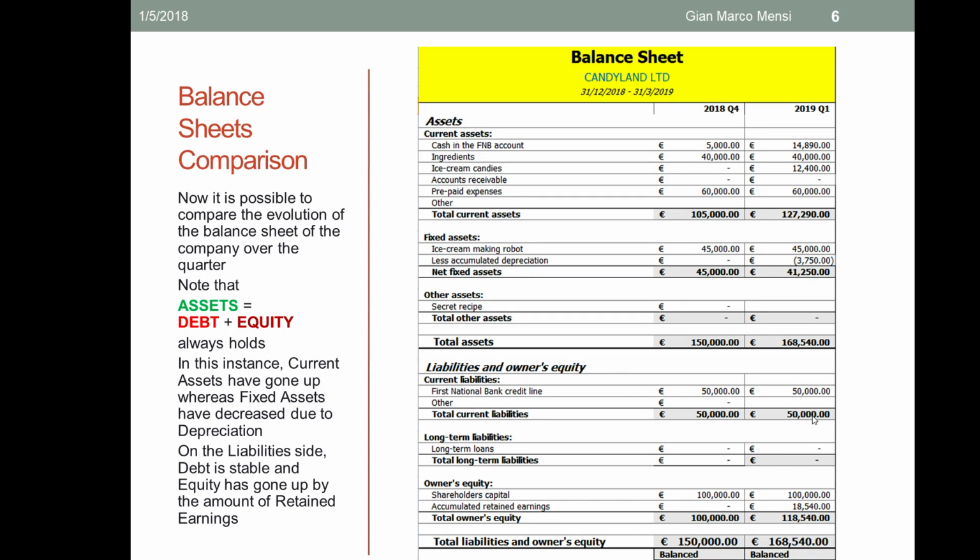But what has changed is our equity, which has moved up from 100,000 to 118,540 because we have 18,540 euros in retained earnings. That is the net income generated by Candyland during the first quarter. The sum of these two gives the total liability side, which is equal to total assets.